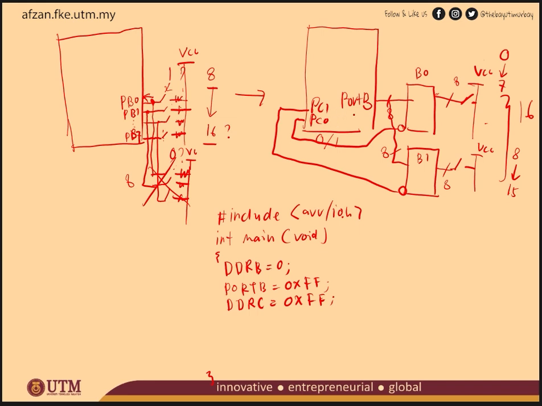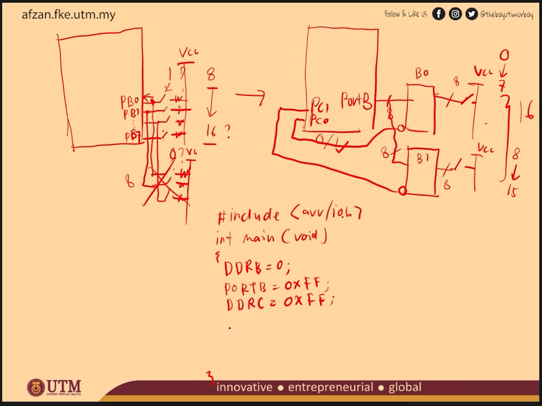Alright, so next, what are you going to do? Now we are going to read the switch from switch 0 to switch 7. To do that, the first line here, you need to enable this one. How to enable B0?